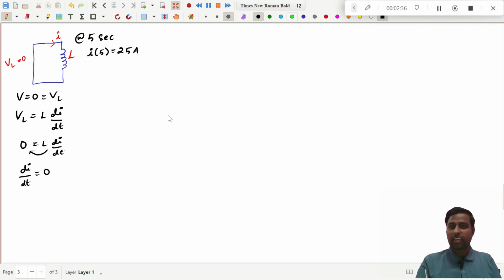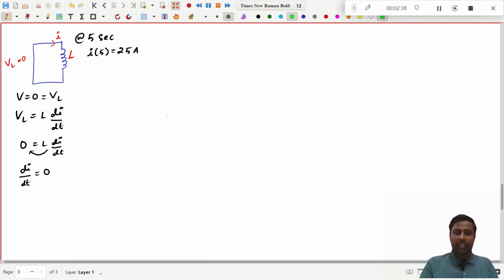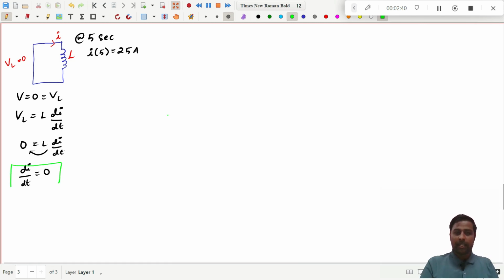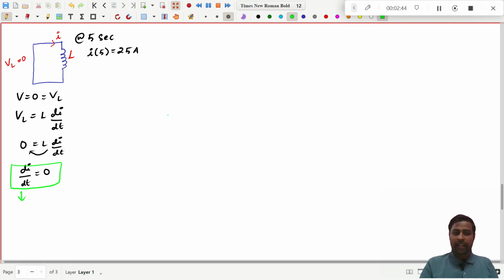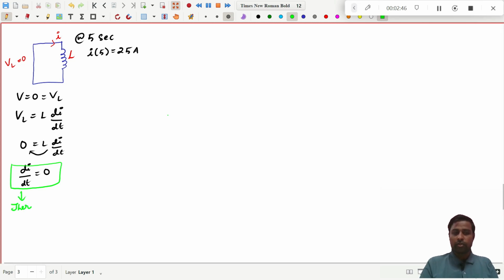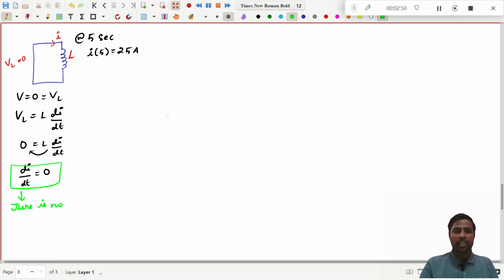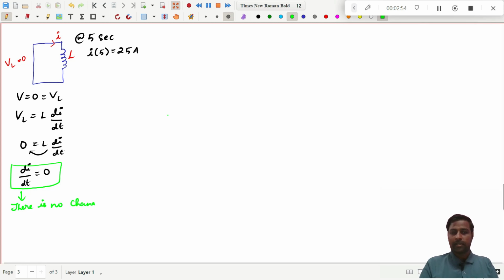And what is the thing you have to understand? If di by dt equal to 0, this expression explains that there is no change in current. So you see, di by dt, change in current becomes 0.